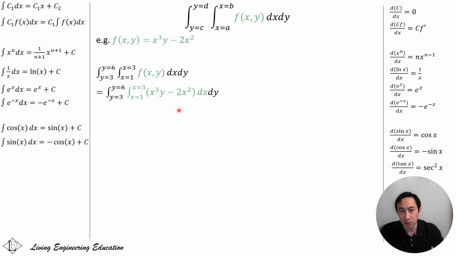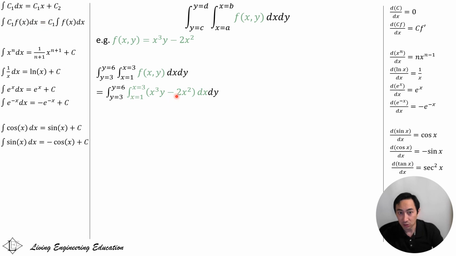So we can do that here as well. So x cubed times y, y is my constant because I'm taking this first integral with respect to x. So I need to take the integral of x cubed. I look over at my table and it'll be this form right here. So this will be 1 over 4 x to the fourth times y, because y would be looked at as a constant. So then you can use this principle as well.